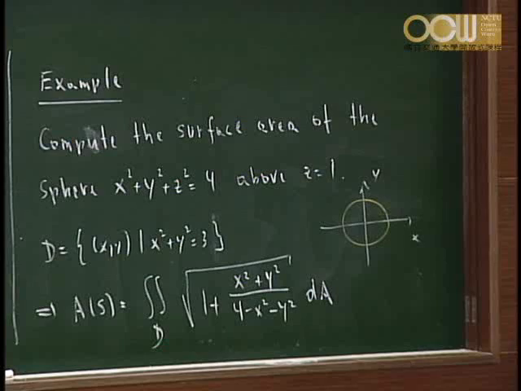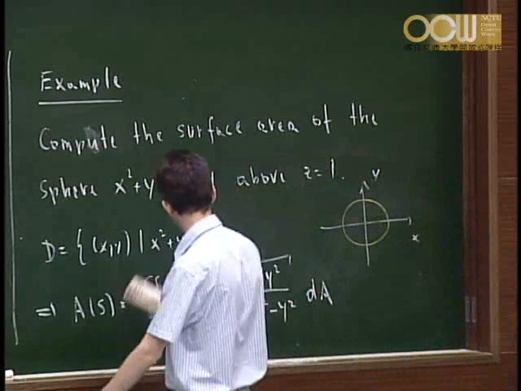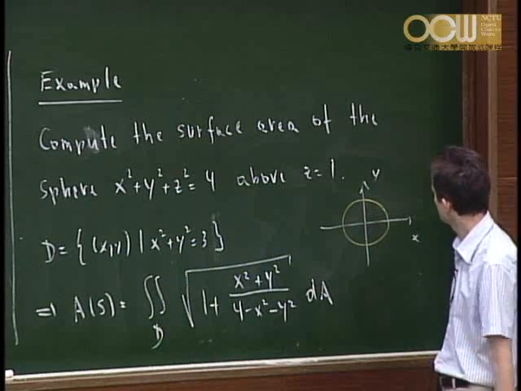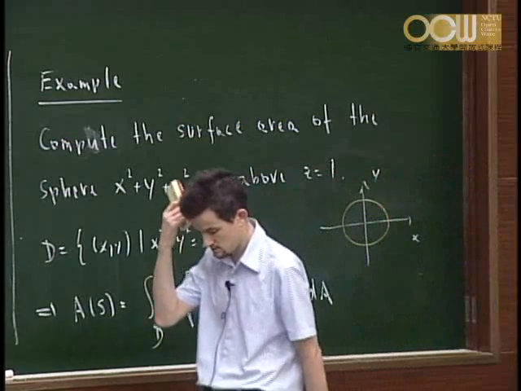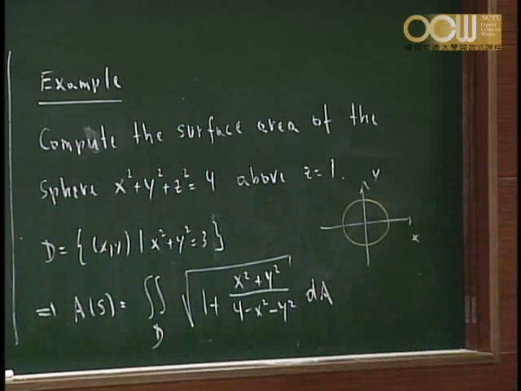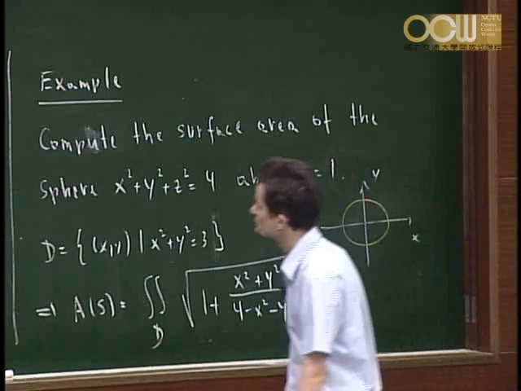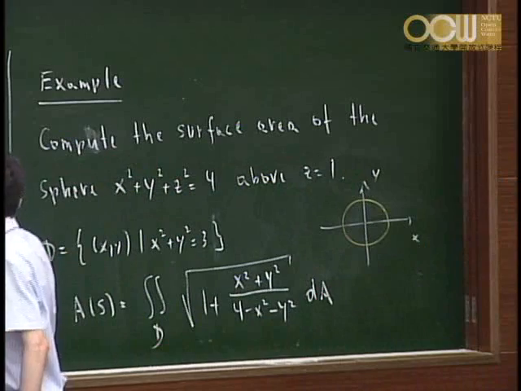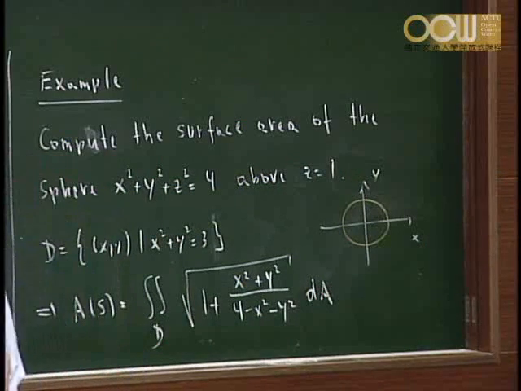It is quite remarkable that if you use this formula for computing the surface area of the sphere, you will encounter an improper integral. You should notice this: we haven't really discussed improper integrals of double integrals.